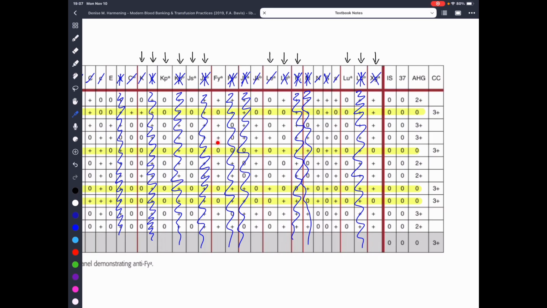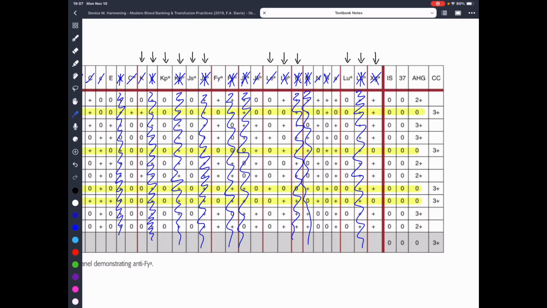Here we have plus, and we also have plus and plus. So whenever FYA is present, we have agglutination in the patient sample. Here we have 0, plus, plus, 0, plus, plus. So far this is looking really good, right? When there's no agglutination, there's no FYA. When there's FYA, there's agglutination. So 0, 0, plus, plus, 0, 0, plus, plus.